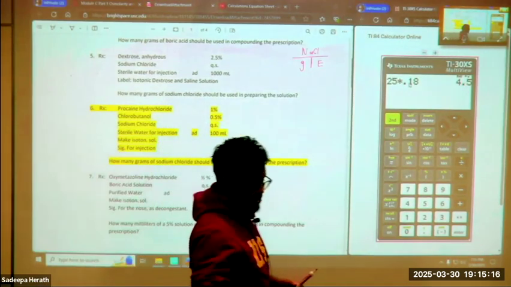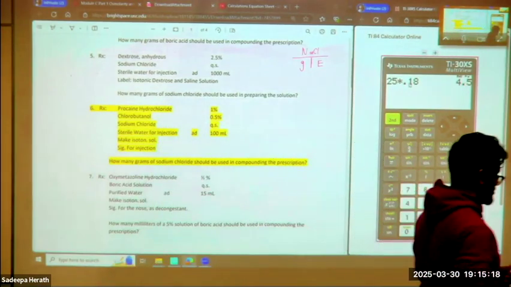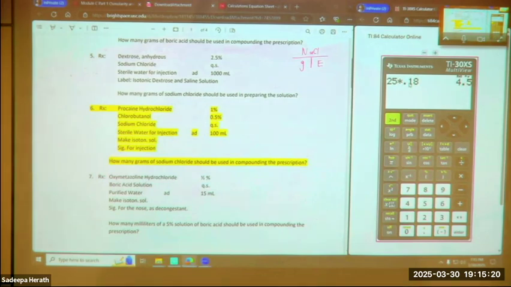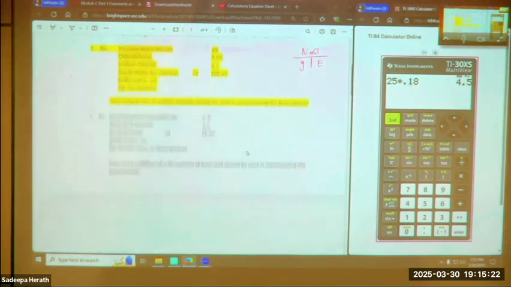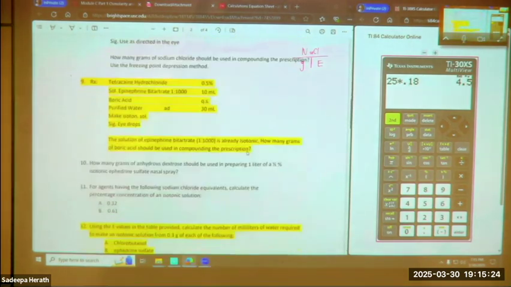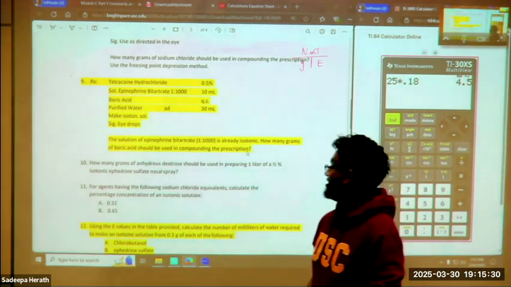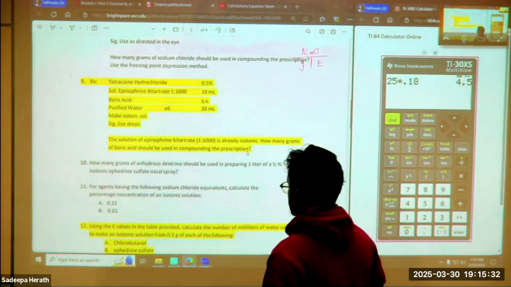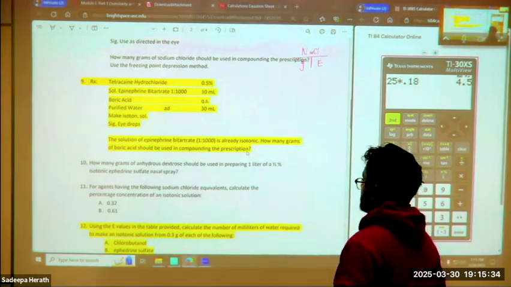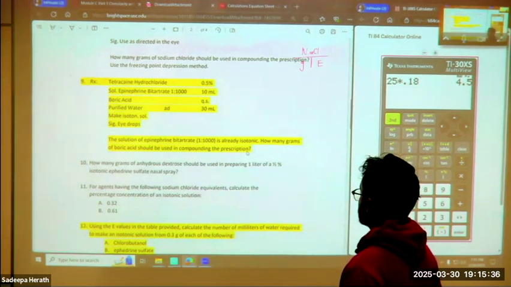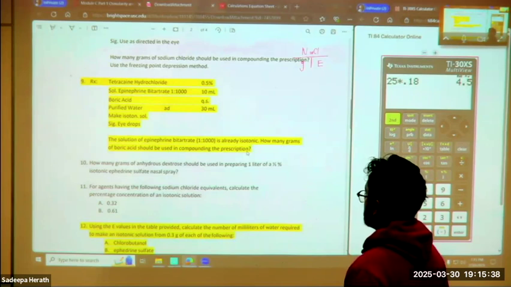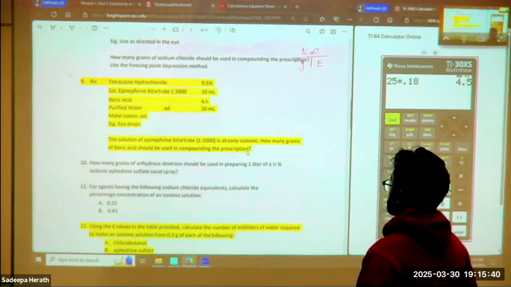All right, next problem. We're going to skip a couple problems here. We go straight into number 9. Oh, how about that? It's just what I was talking about. Okay. So this prescription, tetracaine hydrochloride, there's 0.5% of the total solution.